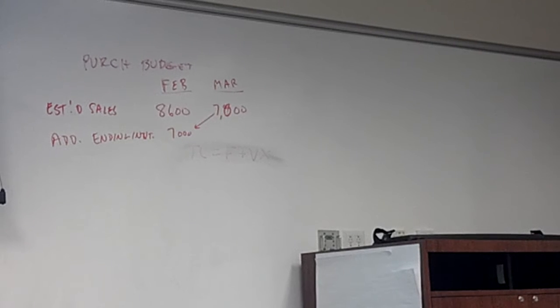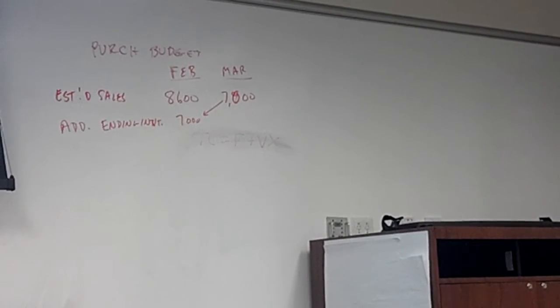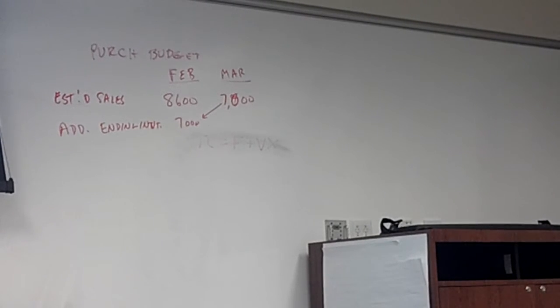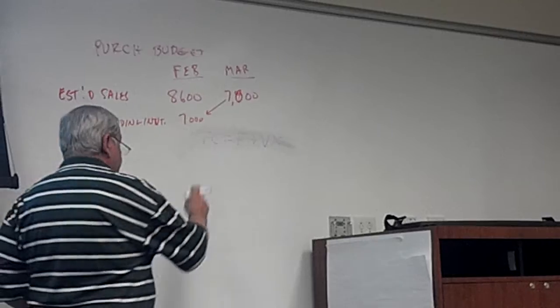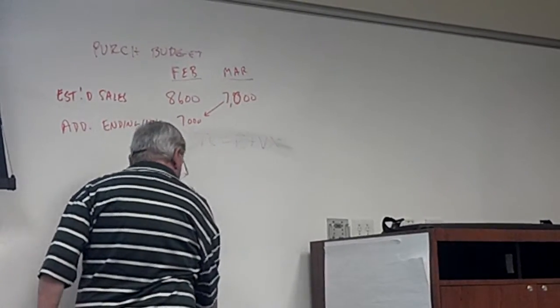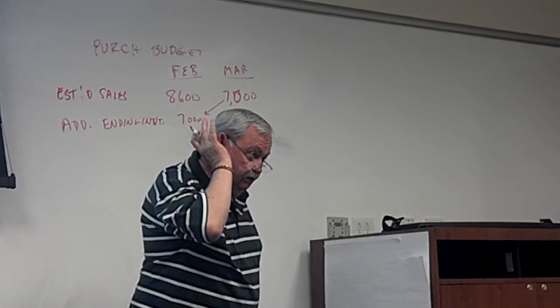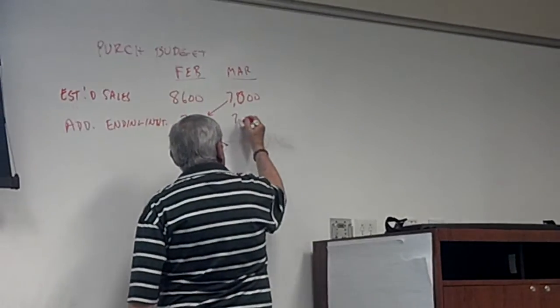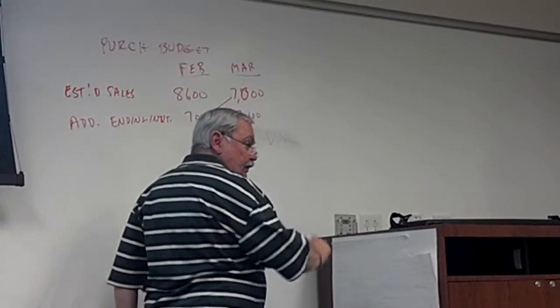Okay. What's the ending inventory for March? Given in the problem. How much? 7,400. And where did that come from? April.